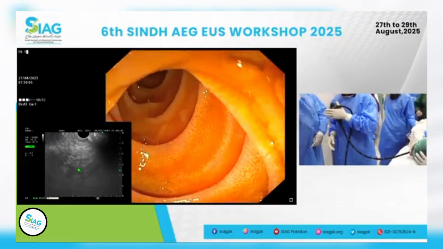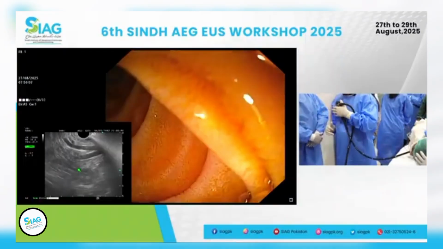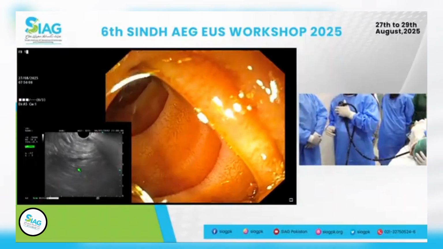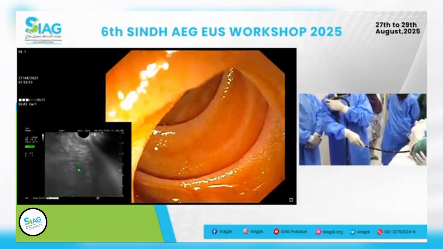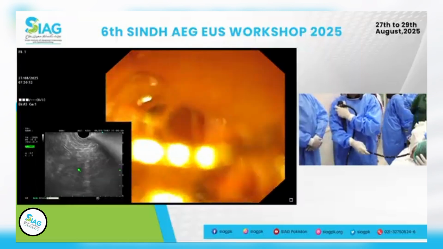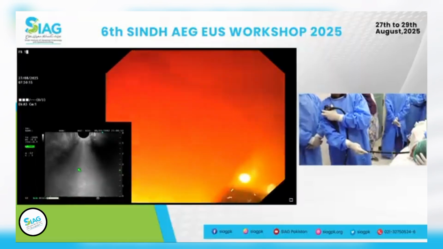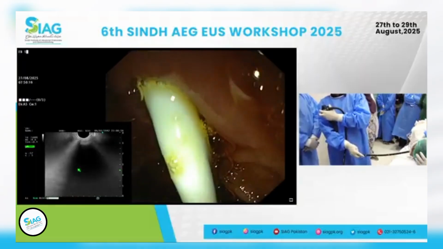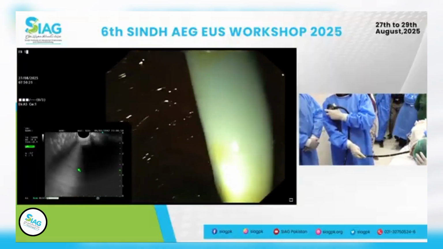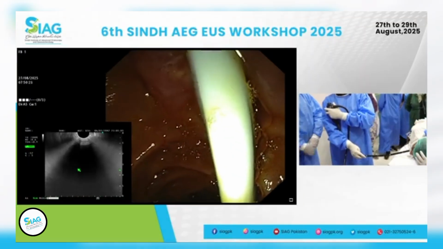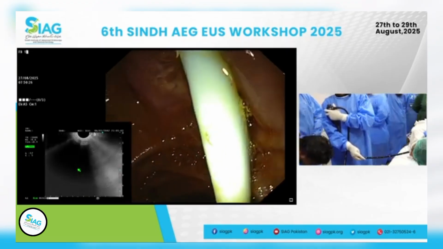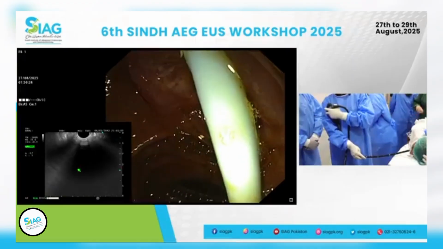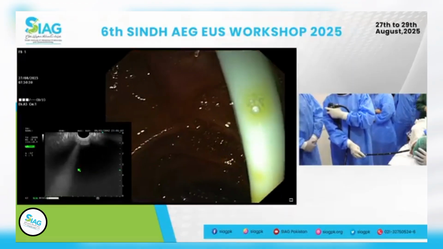Now my scope position is right here, wheels facing towards me, because that's the main position I can get. I will straighten the scope, pull it back a little bit. I want to see where that stent is right there. I want to make sure that I don't grab the stent with my scope. Sometimes it can get hung up on the scope, so we'll try to avoid that.